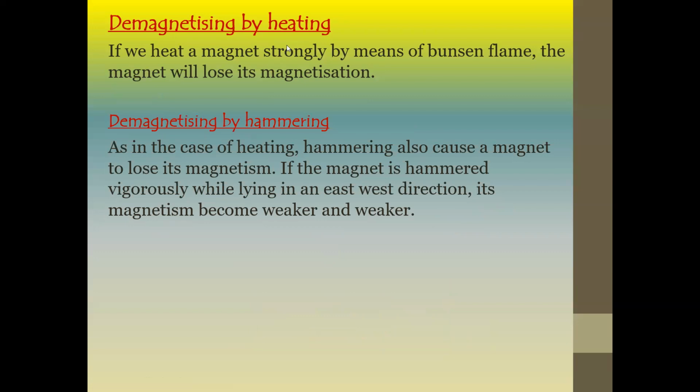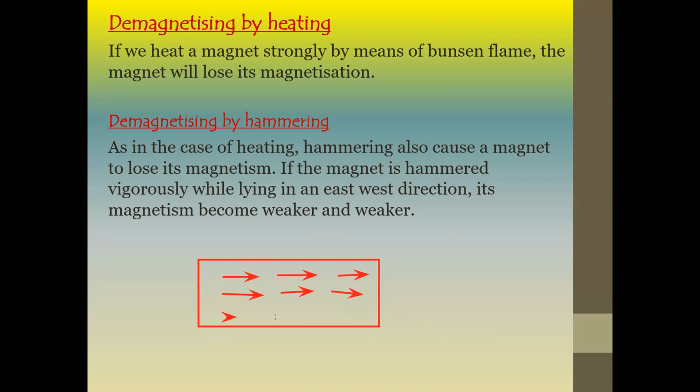And another one is by hammering. We can also hammer a material in which the domains are arranged or aligned. You strike that material with the hammer. So when you hammer something, it means you disturb the alignment, you disturb the arrangement.